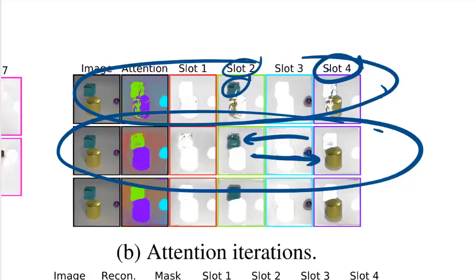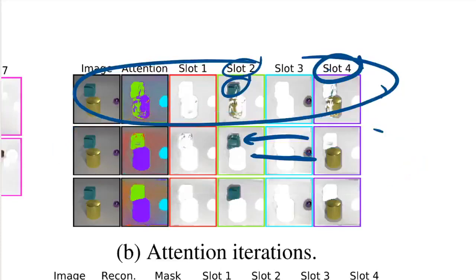Through the competition, you get this separation into objects, right? The whole thing is trained end to end, which basically means that these functions get really good at this kind of segmentation. And then in subsequent iterations, you can see this effect multiplying more and more.